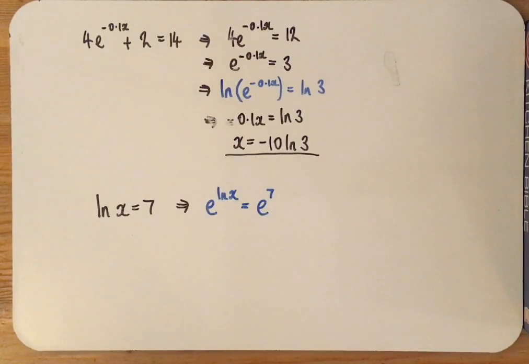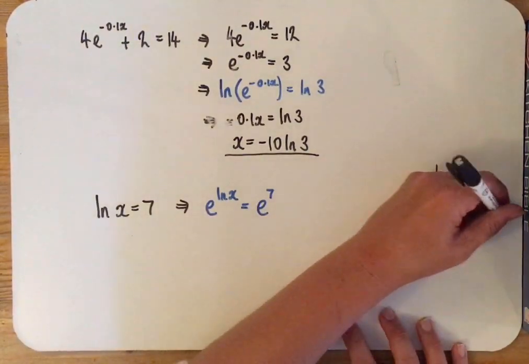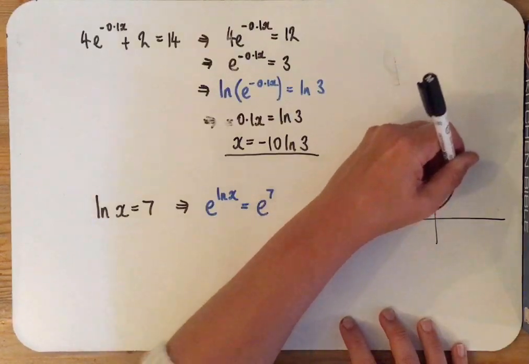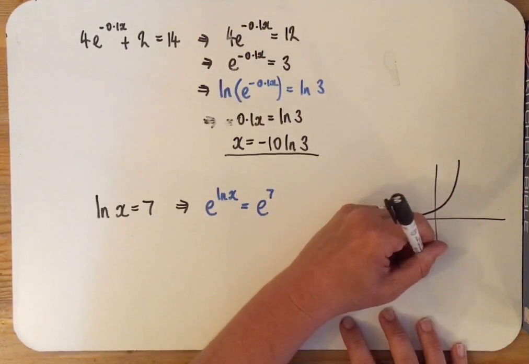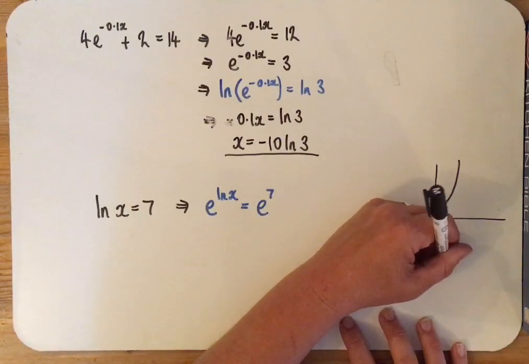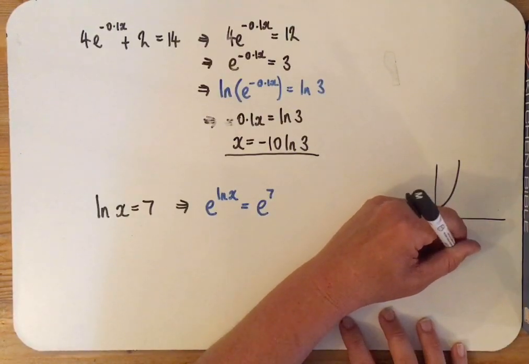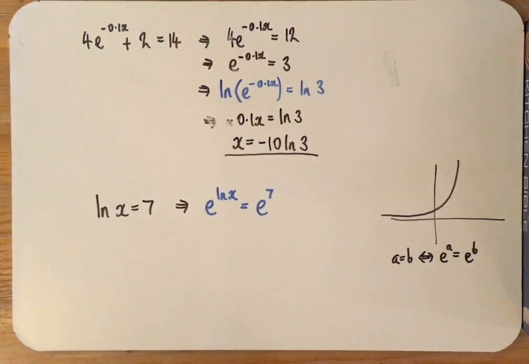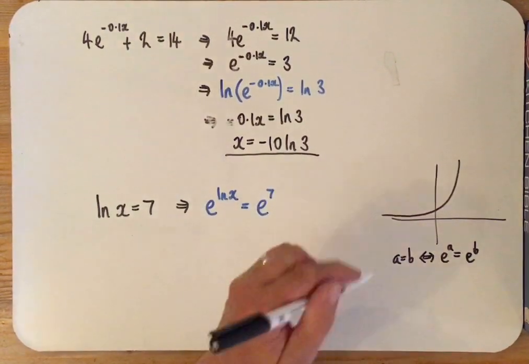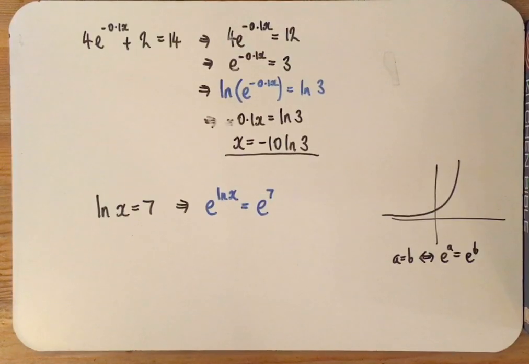That's fine because, like ln, exponential function is a one-to-one mapping. So if a equals b, it follows that e to the a equals e to the b. So because it's a one-to-one mapping, it's fine. You can't do that with like sine and cos and many-to-one mappings.